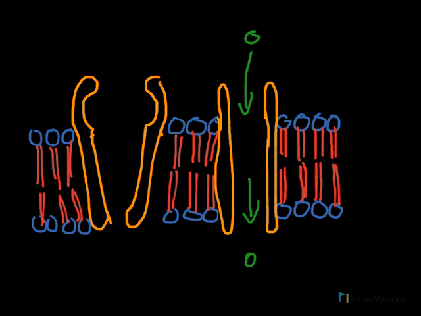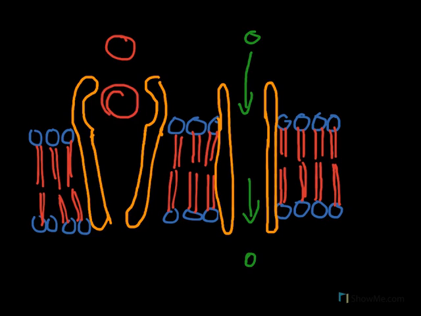A lot of times this happens with ion pumps, where we need more calcium on one side of the membrane than what our concentrations are. So this molecule might be at a low concentration outside the cell and might need to be higher on the inside. So this will bond to this type of protein here.